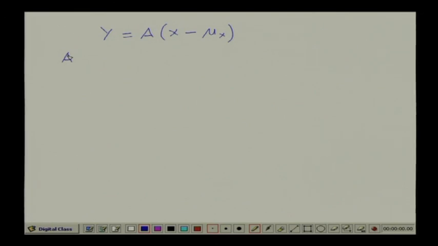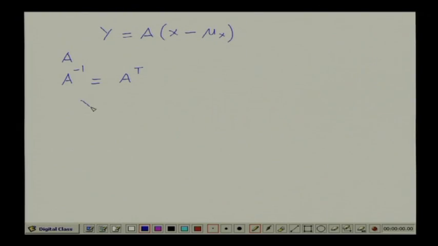So, A consists of rows which are orthogonal vectors, and because rows of A are orthogonal vectors, this simply says that inverse of A is nothing but A transpose. So, now inverse of A is very simple. If you simply take the transpose of the transform matrix A, you get the inverse of A.